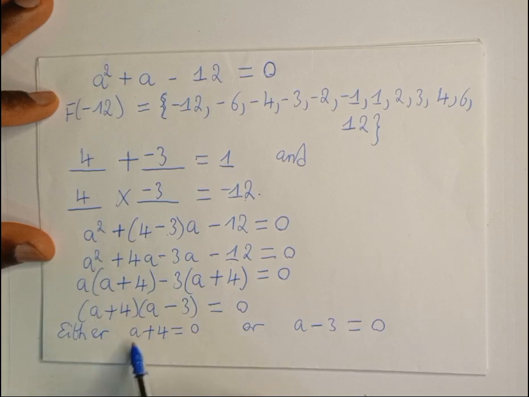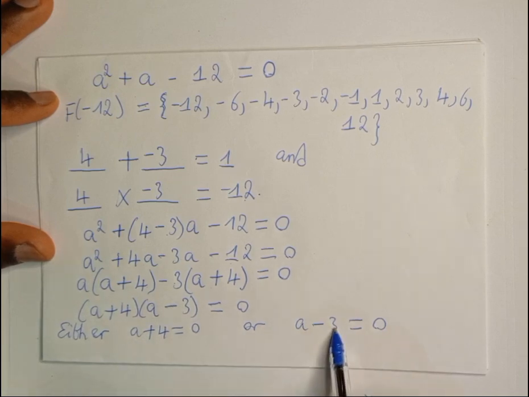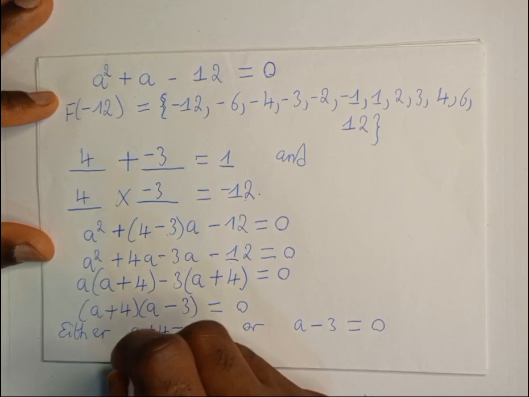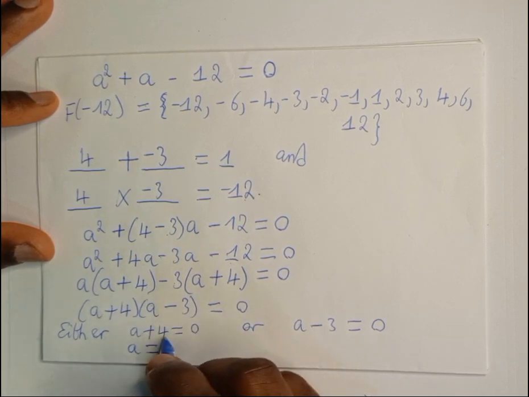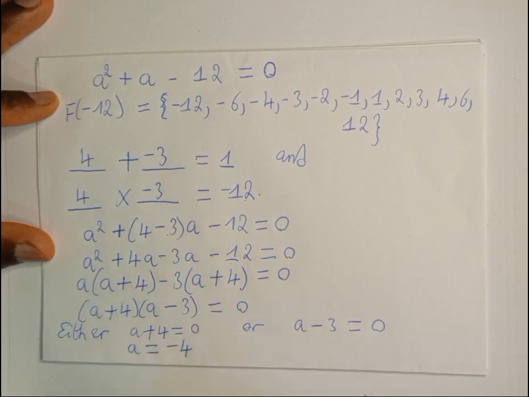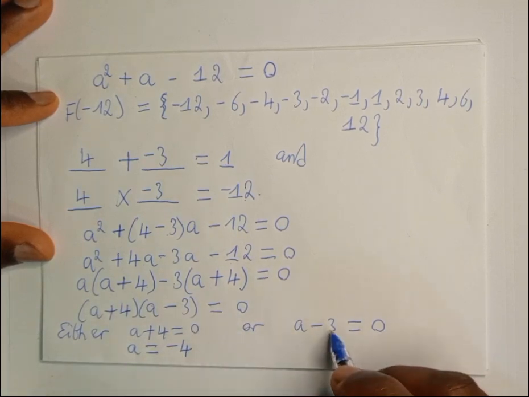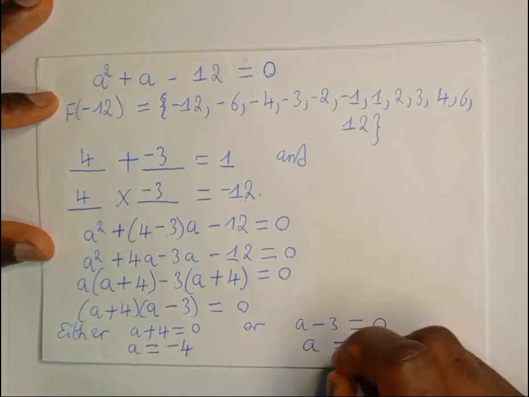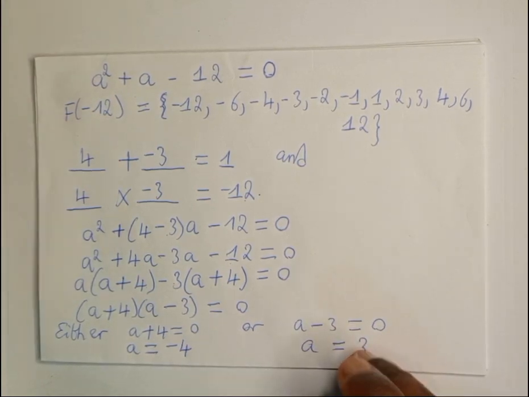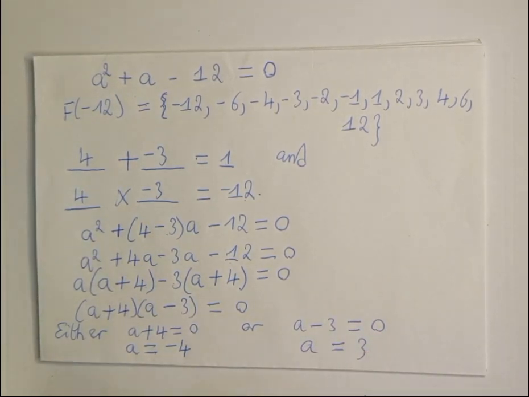Solving for a in the two linear equations. For the first one, a will simply be equal to, we are going to transfer positive 4 to the right, which gives negative 4. For the second one, we are going to transfer negative 3 to the right, which gives us positive 3. We are not solving for a, we are solving for x.